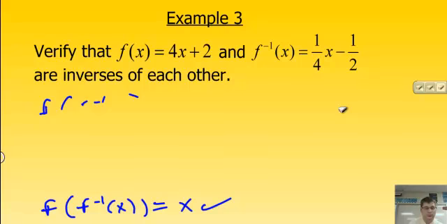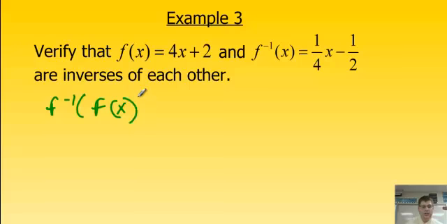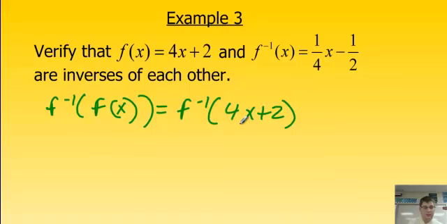Okay. So let me get myself some space here. So now we're going to do the inverse of f of x, which in this case is equal to 4x plus 2.